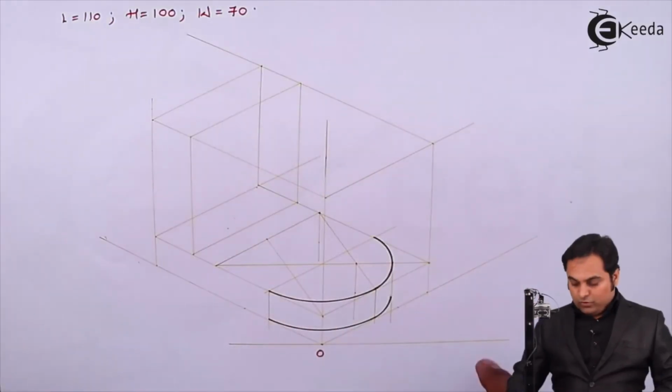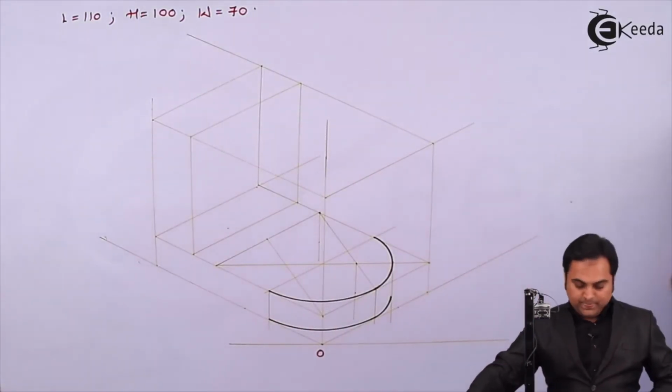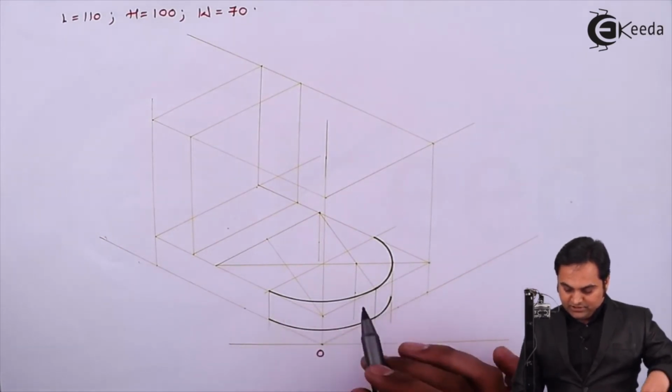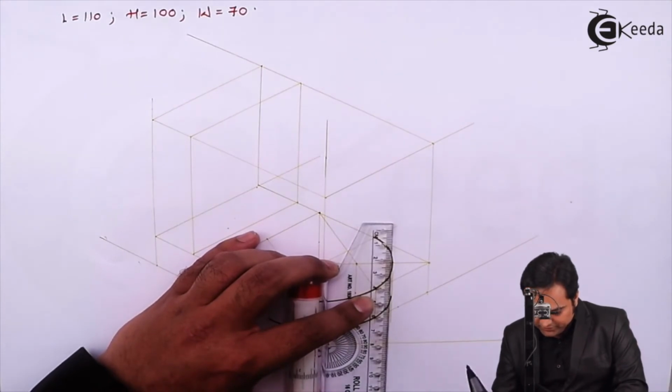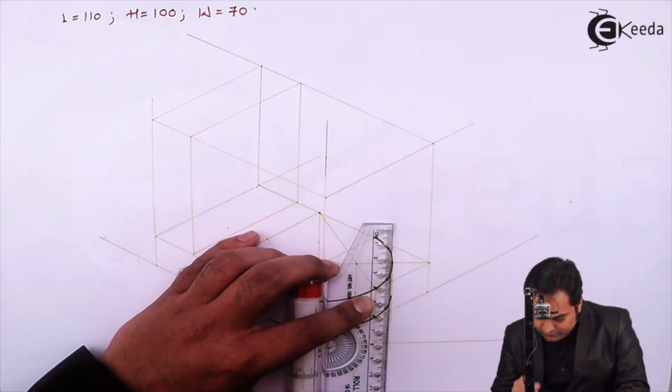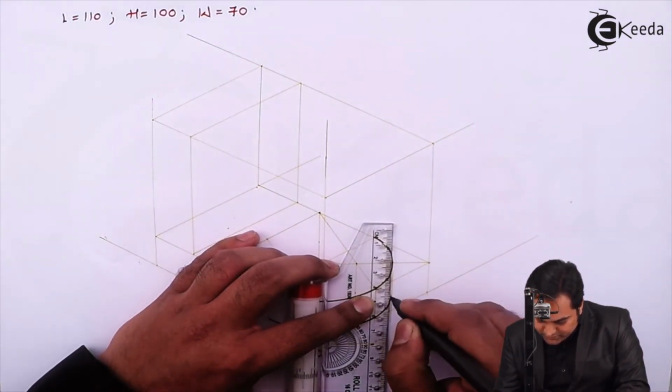Now once I have drawn the semicircular part, both the semicircles are joined. So here drawing a light vertical line connecting them, which I have already drawn. Next, making this line dark.